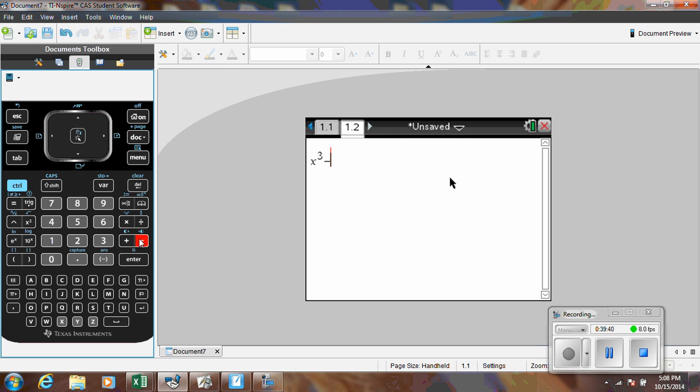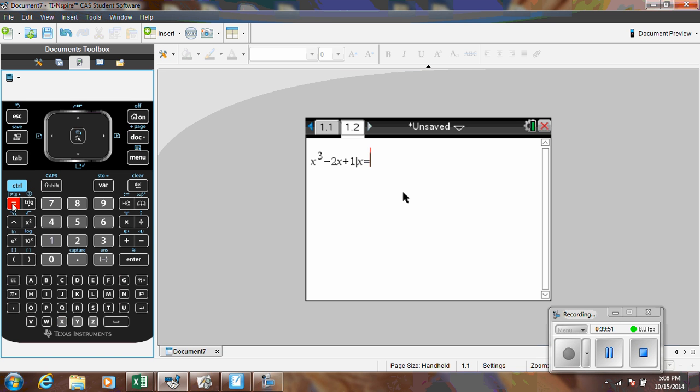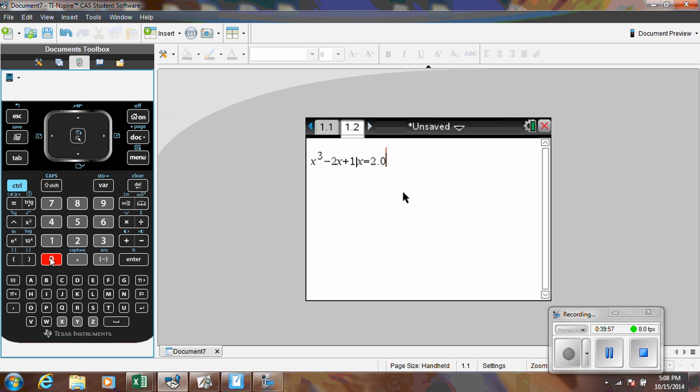Minus 2x plus 1. And I'm going to use our given that x is equal to, and we wanted it from 2 to 2.05. So 2.05. And the same thing, given that x is equal to 2, there we go.